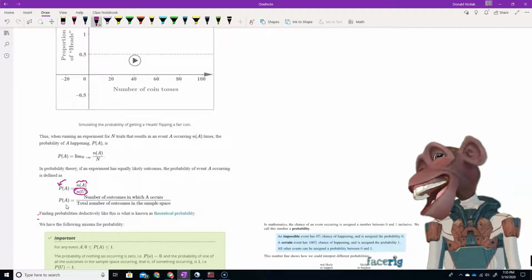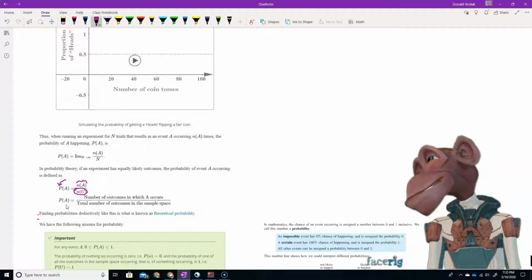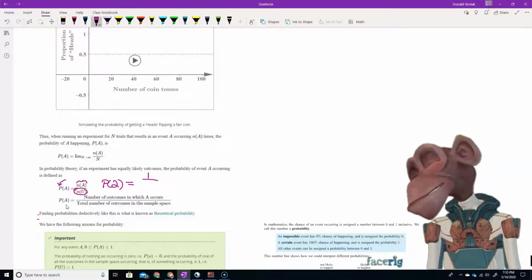Or if we're talking about theoretical probability, if I said, what's the theoretical probability of spinning a 2? Well, we know that out of that sample space, there was only one 2, and there were 8 outcomes, so that's the theoretical probability.